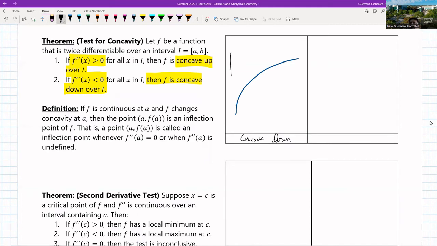That's what I forgot to do. X and y. If you choose any point here, then the slopes of the tangent lines around those points are getting lower and lower, aka the second derivative is going to be negative. So then you have something that's concave down.